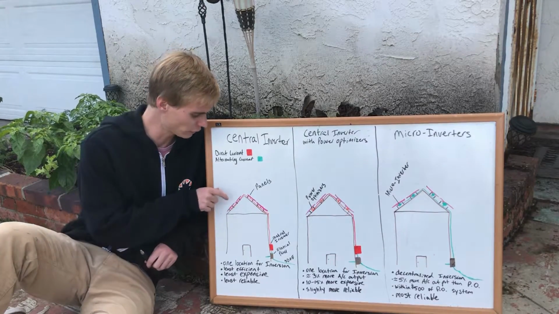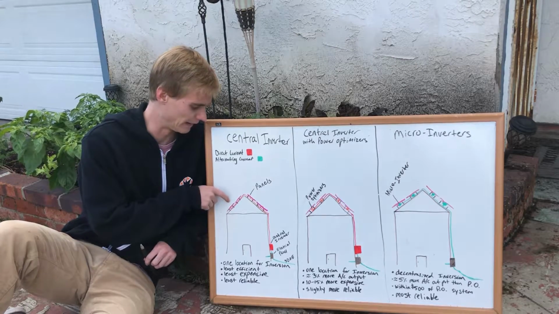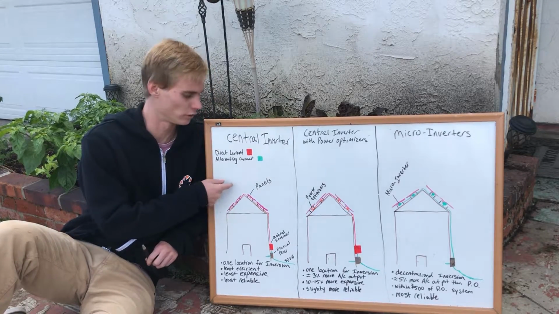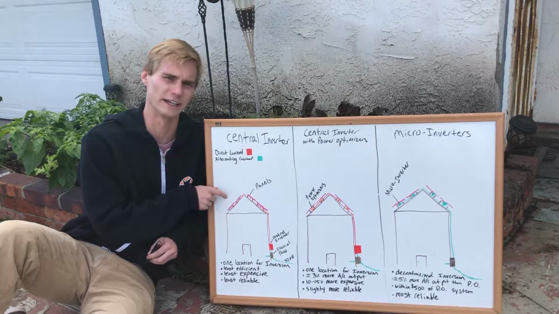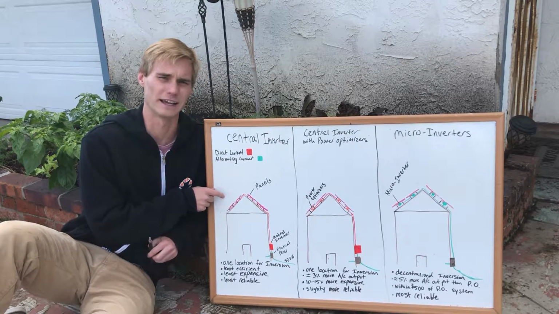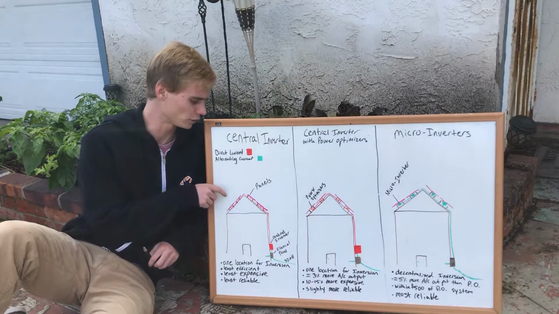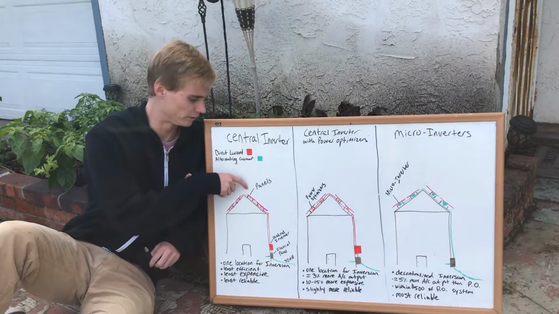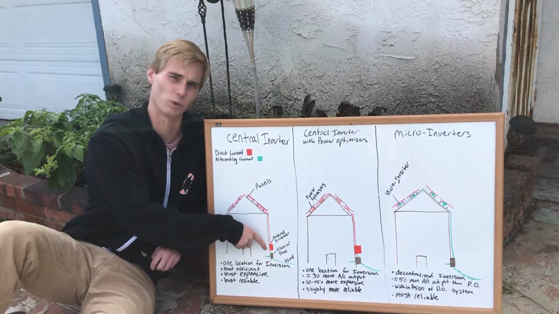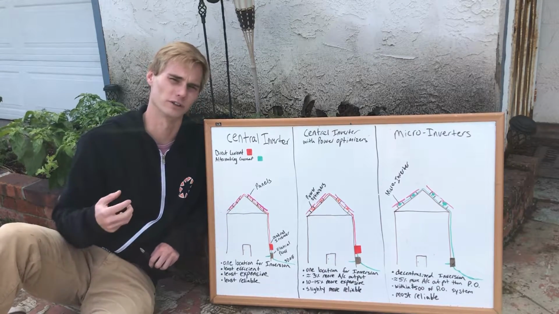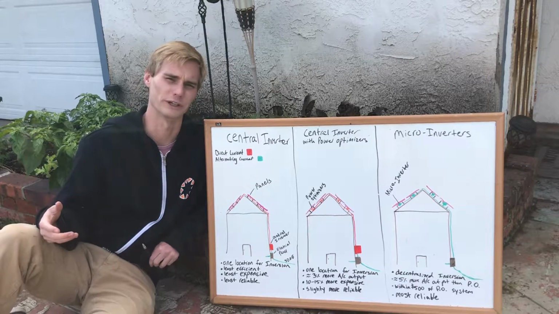In a classic string inverter system, the panels are basically strung in a string, like a Christmas tree. And essentially, all of the DC goes down into this one box here, and this one box, the central inverter, inverts all of the power in one place.